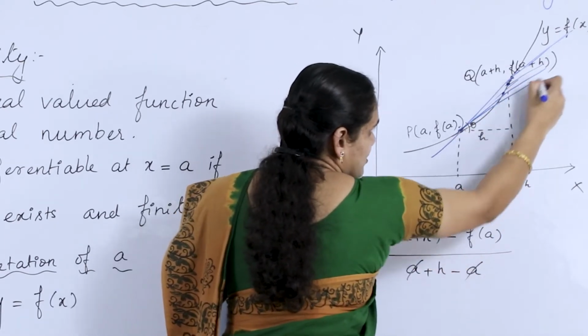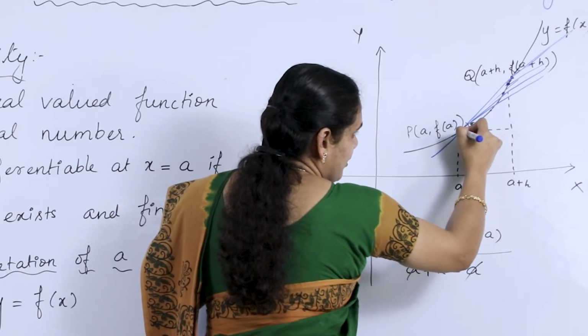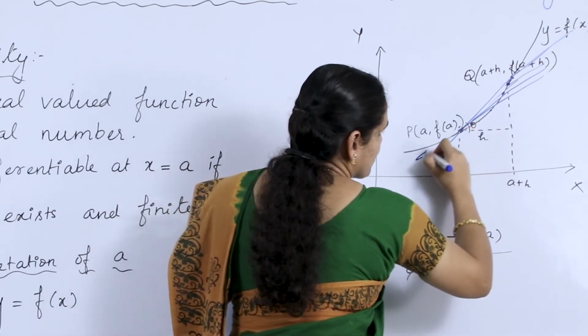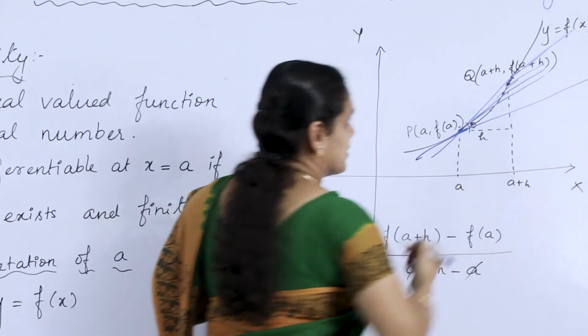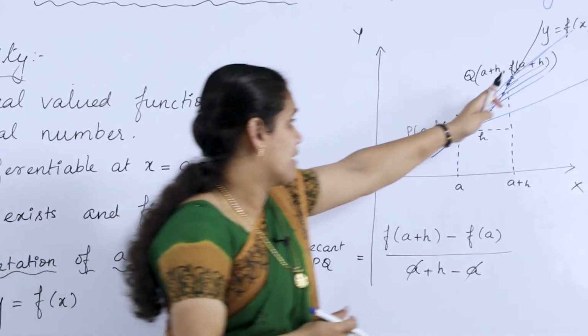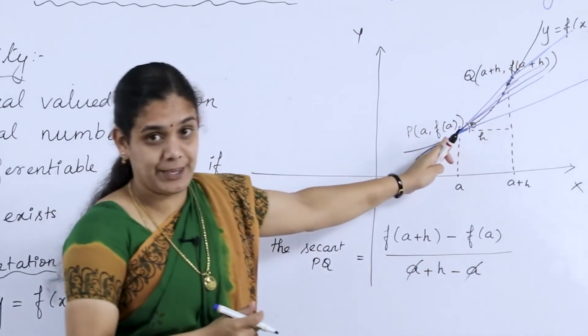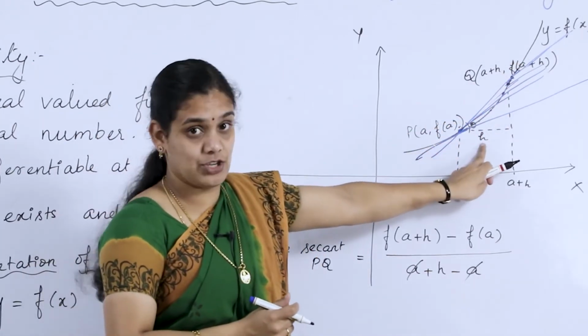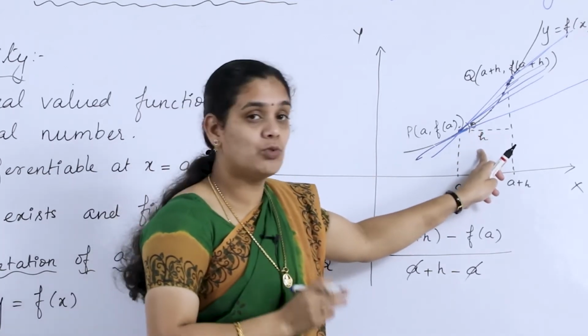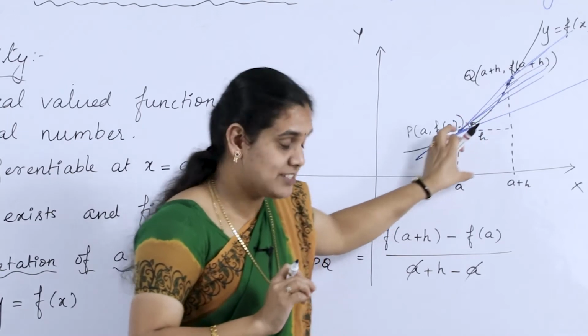And if you move here, the secant will move like this. And then slowly when it comes here, then the line will pass through like this. So what is this? It becomes a tangent, isn't it? When we move this point Q towards P, what will happen to this h? This h will approach 0. Yes or no? The distance becoming 0.